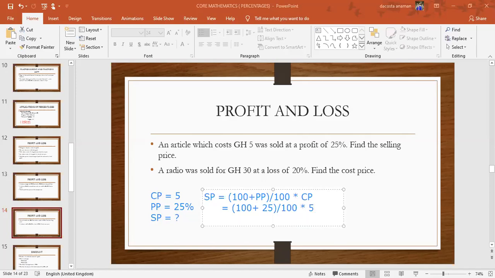When you punch this in your calculator, no long talk. Let's punch it together: 100 plus 25 over 100 times 5. And that will give us 6.25, which is 6 cedis, 25 pesewas.